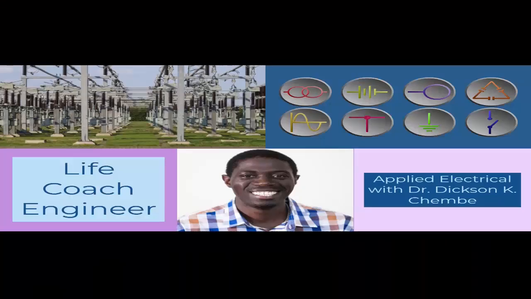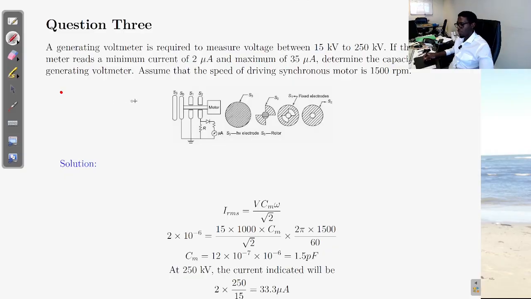That's my way. So this is the image of the generating voltmeter. And what is a generating voltmeter? We did discuss this. We mentioned that a generating voltmeter is a variable capacitor, which is also an electrostatic voltmeter, voltage generator, which generates current proportional to the applied voltage.